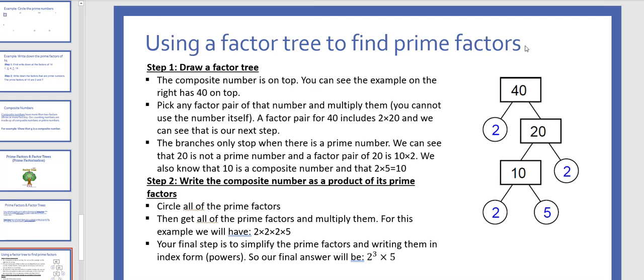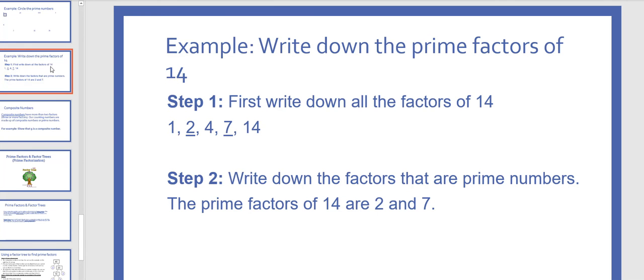Now, the other keyword that we have to know is prime factors. Okay, prime factors, we can see the word prime, which is referring to prime numbers, and factors are factors of a number. And that's what it means. So if we go back to a previous example, it says write down the prime factors of 14. So first, write down all the factors of 14. We've got 1, 2, 7, and 14.